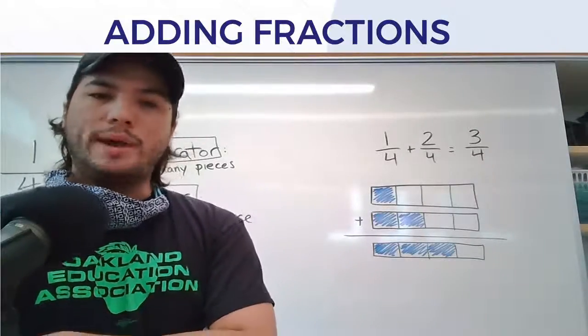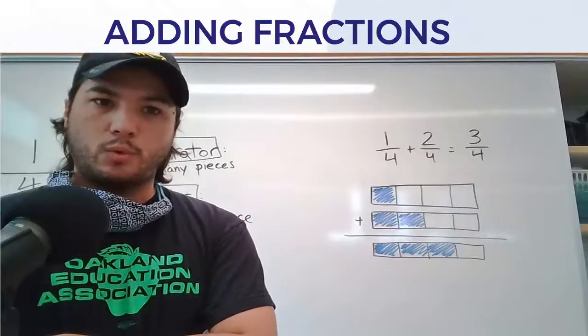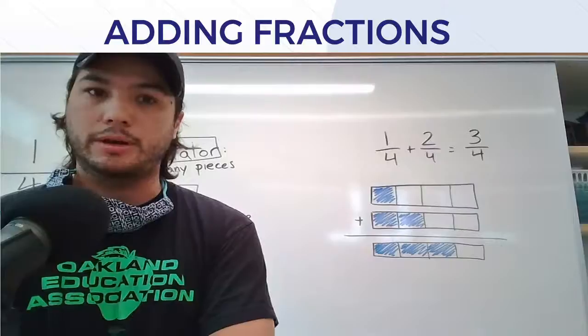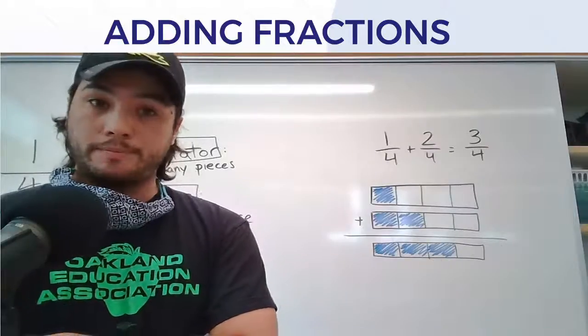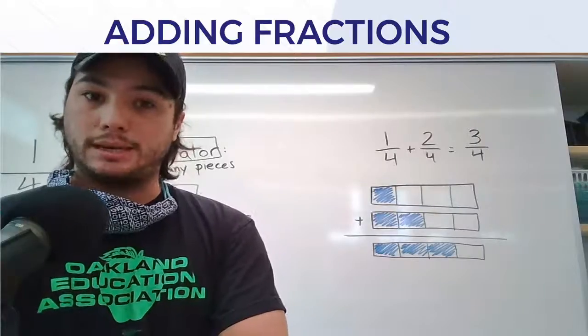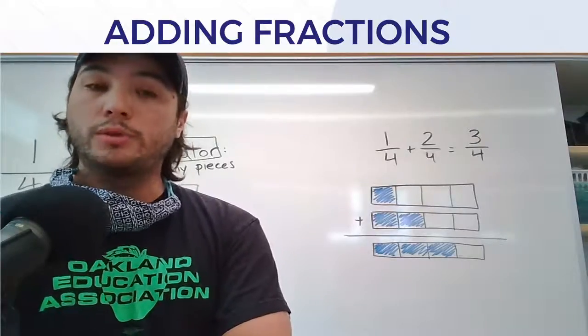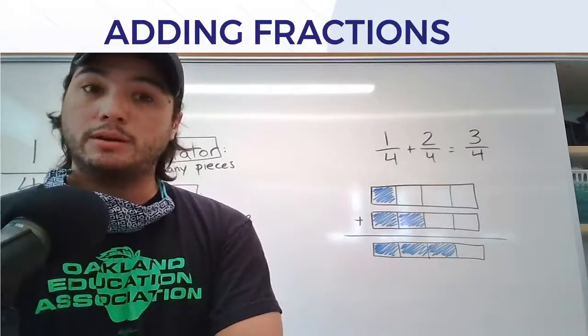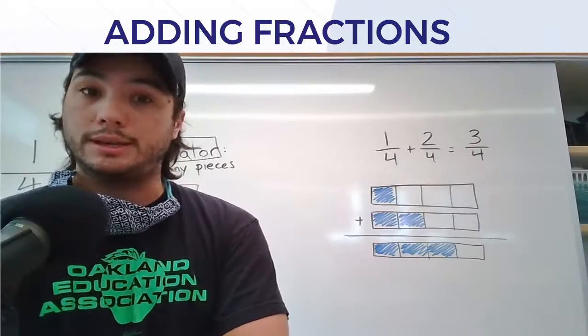Okay, so when adding fractions with like denominators, and also when subtracting fractions with like denominators, the numerator, the number on top, will change and the denominator stays the same. That is our golden rule for adding and subtracting fractions: the numerator changes, the denominator stays the same.